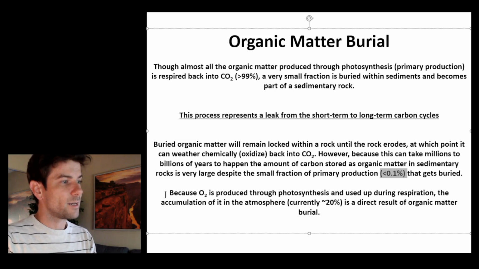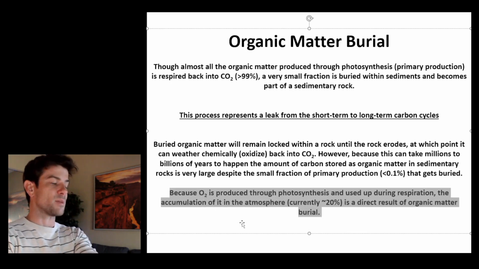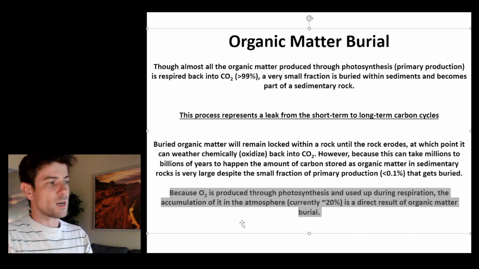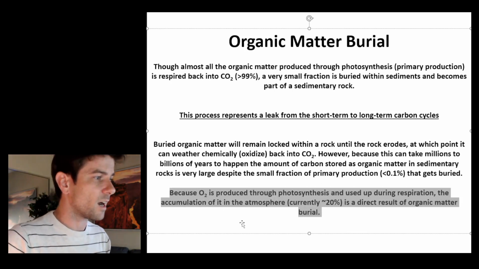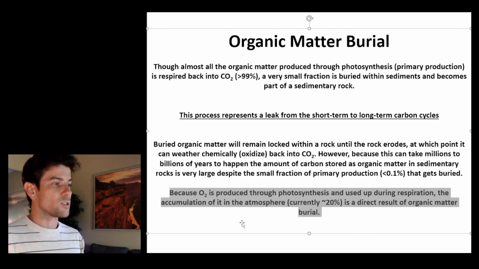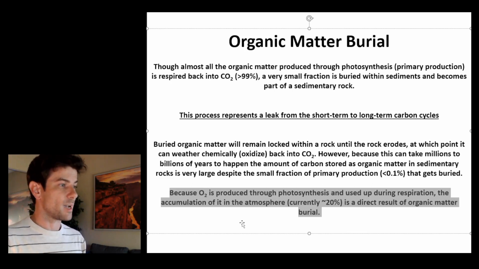Okay, and it's really important that carbon exists there, because if all the organic matter that was produced was subject to respiration, then all of the oxygen that was produced through photosynthesis would be consumed, and so there would be no net accumulation of oxygen in the atmosphere.